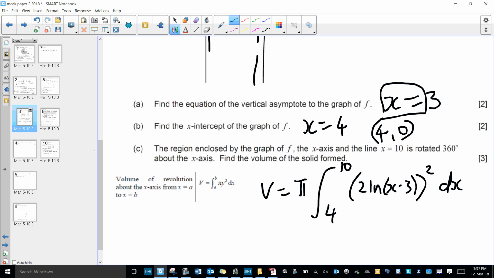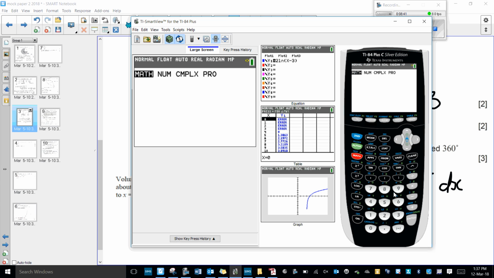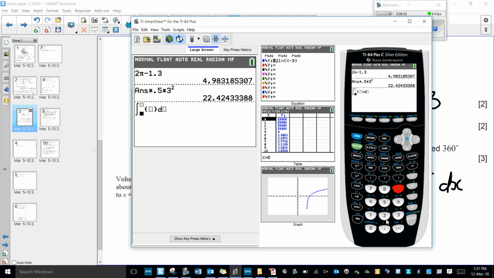Let's see if I can get this done quickly. So, remember math 9. So my bottom limit is 4. Upper limit is 10. I'm going to open up a bracket because I need to put the function in squared. So it's 2 ln x minus 3.